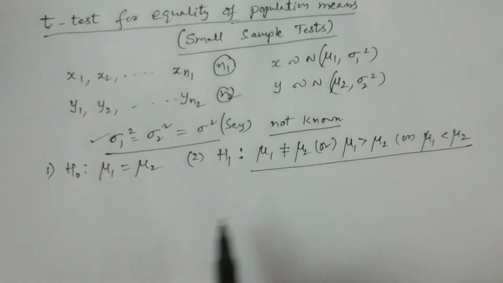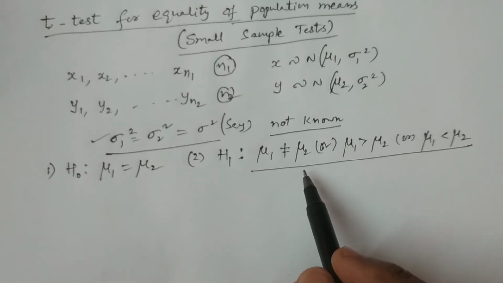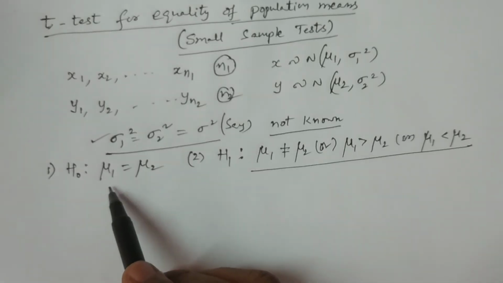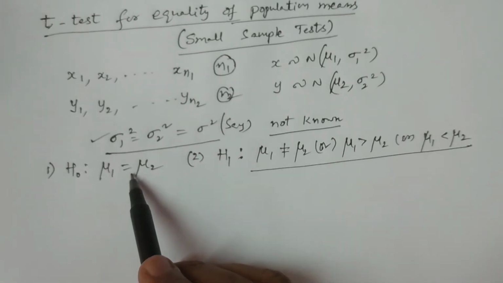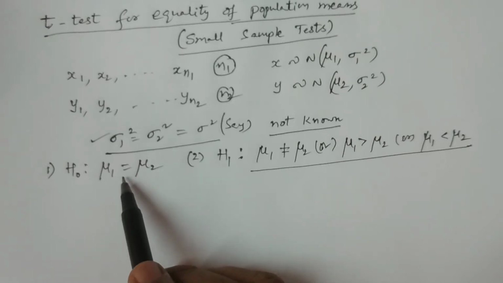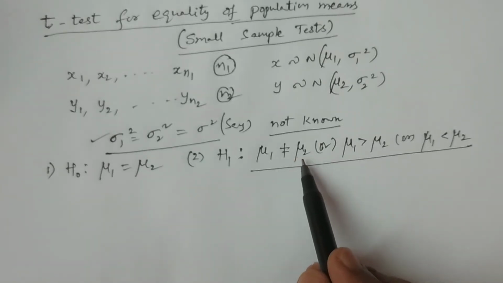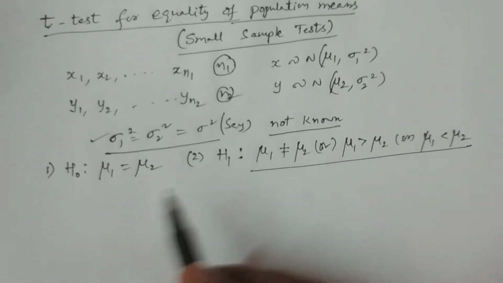These are the two statements you have to consider: null hypothesis and alternative hypothesis, right? Hope it is clear. I repeat again, the population means are equal is the null hypothesis, and the population means are not equal is the alternative hypothesis.